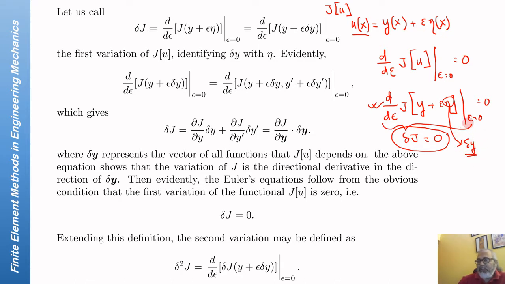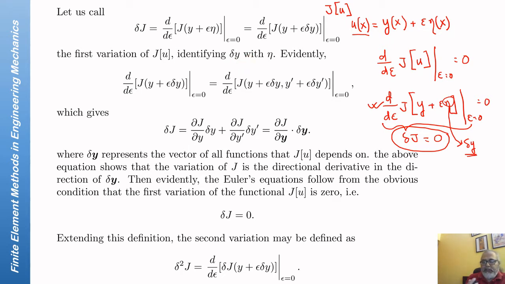And what we are basically saying is: what is the y which gives you delta J equal to 0? So this is called the first variation of J, and delta y is the first variation of y.